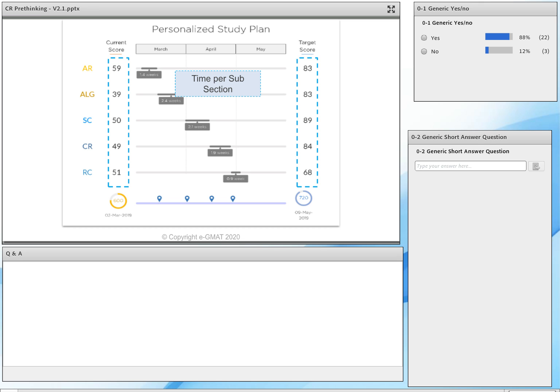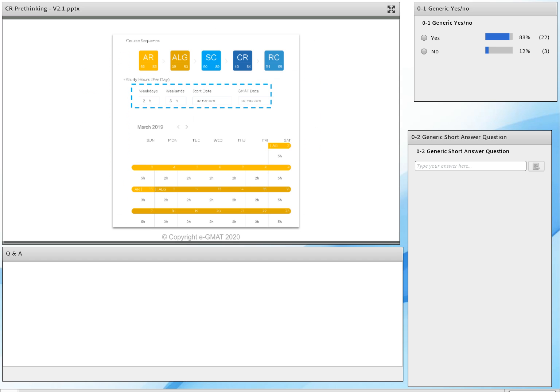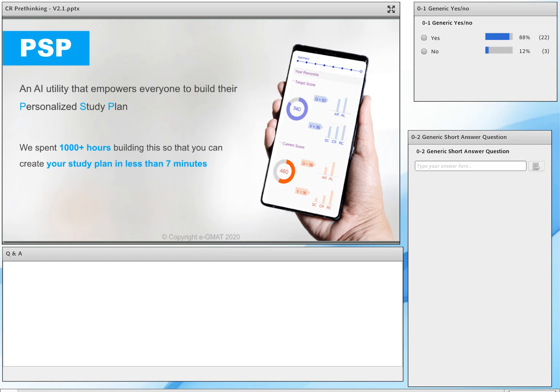It also tells you what you're starting with and what you're ending with, and it estimates this time based on your inputs regarding how much effort you can put in. And then it also generates a calendar view where you can really see when you're studying what.